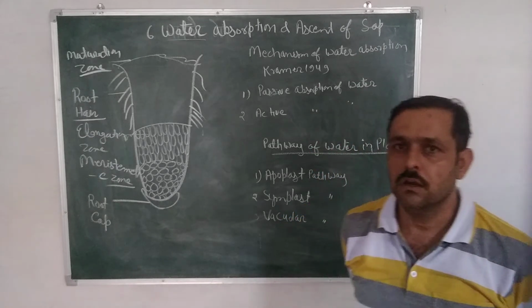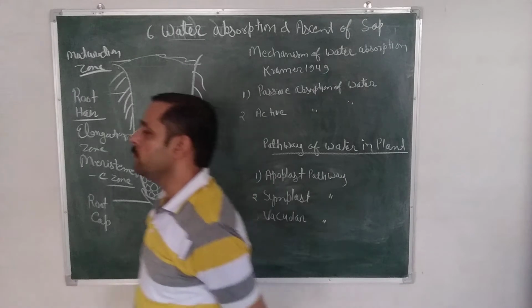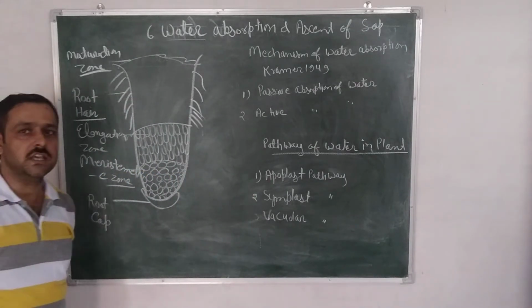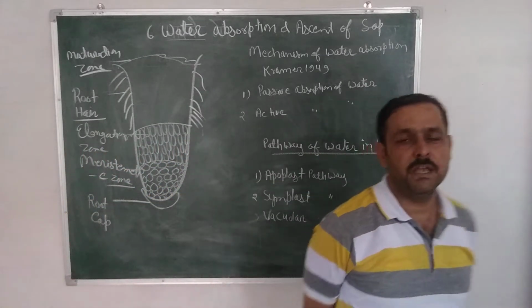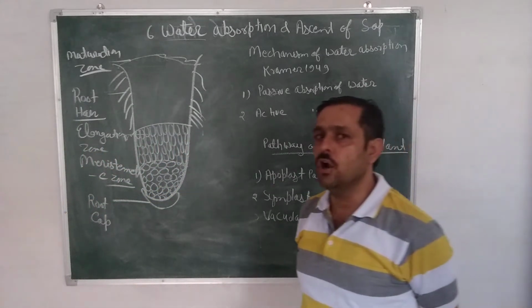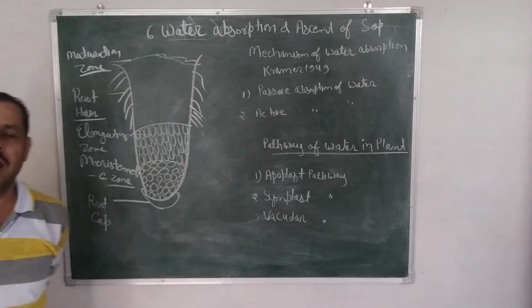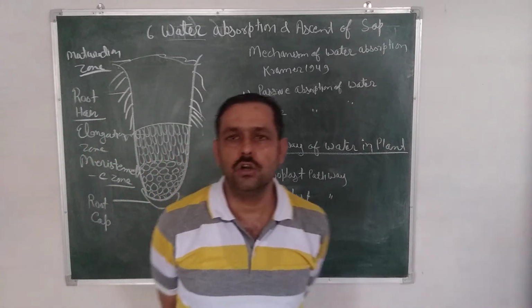Wood is made by deposition of lignin, suberin, or any non-living substances on the cell wall of the cell. They become hard and are called wood. Or we can say the definition of wood is that secondary xylem is also called wood.